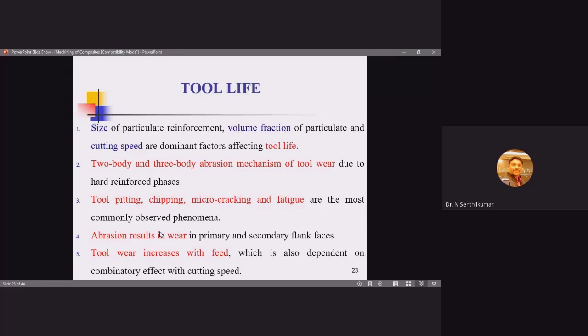And even though the tool wear increases with speed, it also increases with the feed rate. Higher feed rates will make higher stresses act on the cutting tool, so obviously a high wear rate will be there.